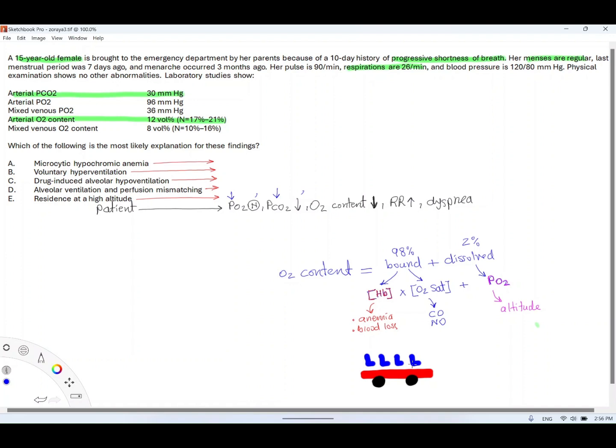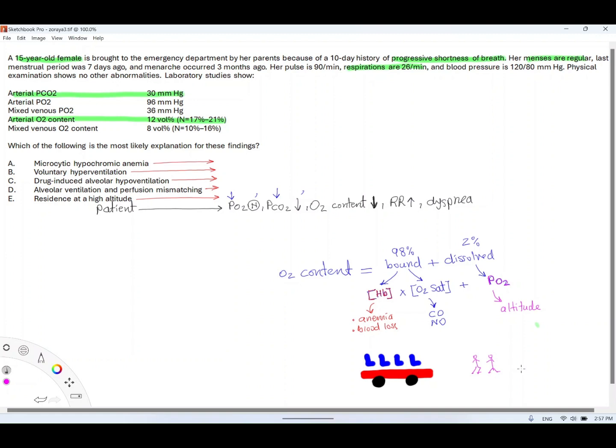Let's say dissolved oxygen in blood is these individuals in purple, a person walking by himself, people walking without a bus.